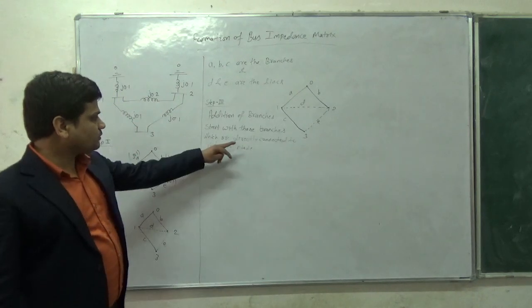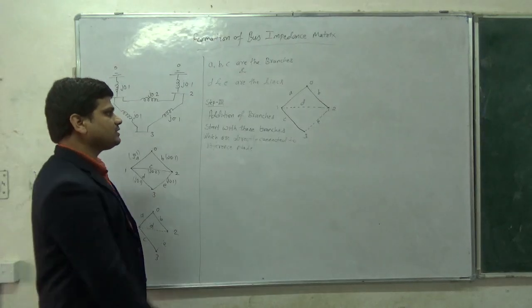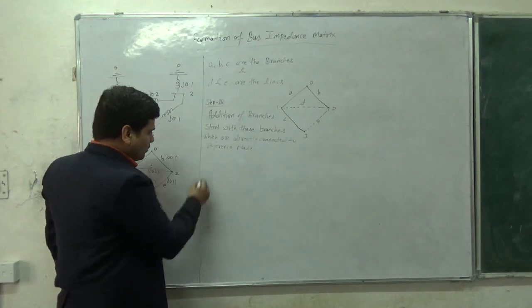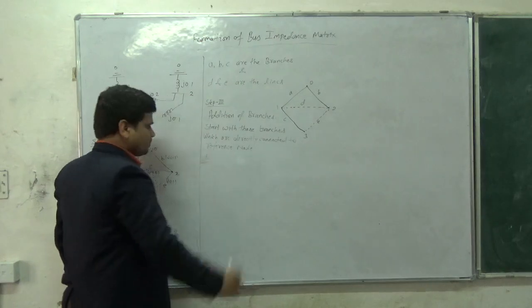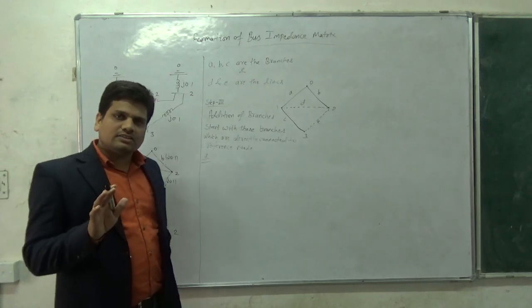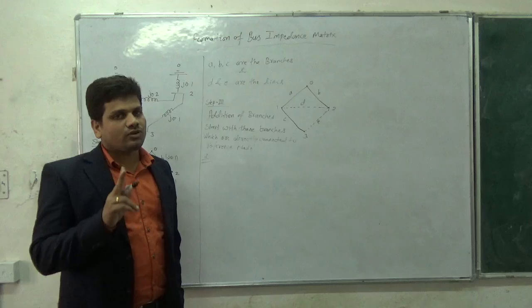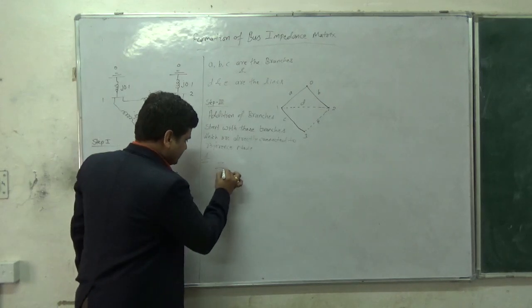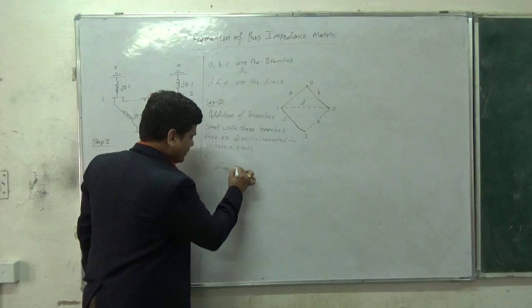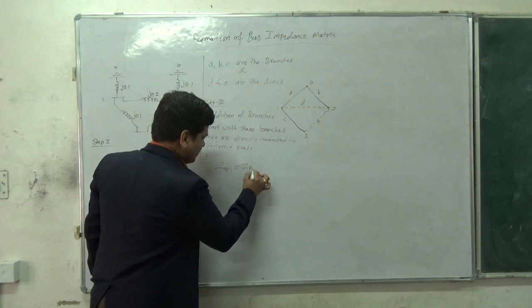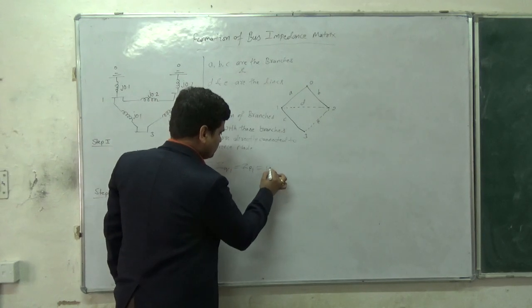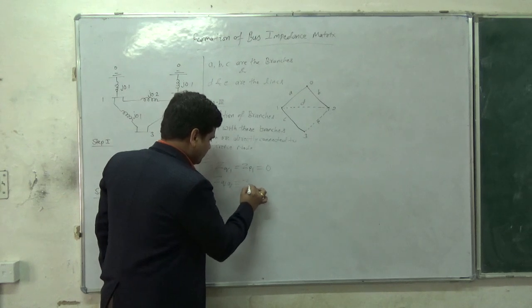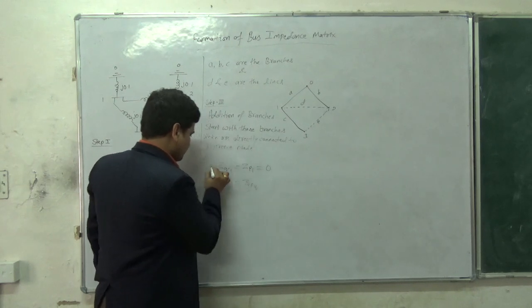Start with those branches which are directly connected to the reference node, and I can see branches A and B are directly connected. Now the calculation for branch A. There are 2 basic formulas for each case: Z_QI is equal to Z_PI is equal to 0, and Z_QQ is equal to small z_pq.